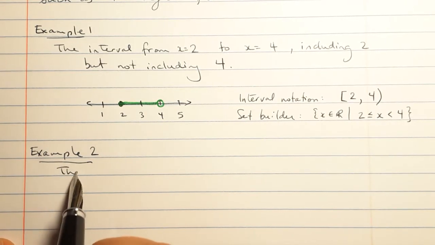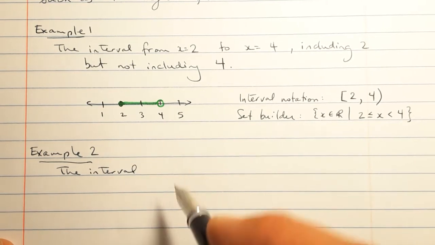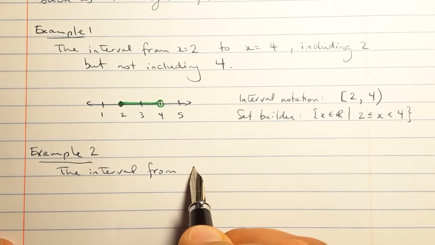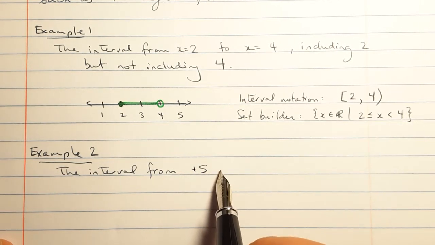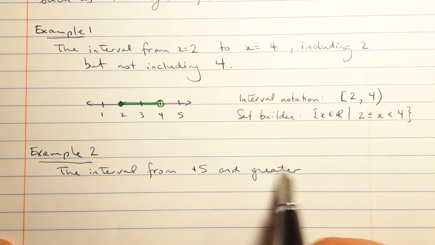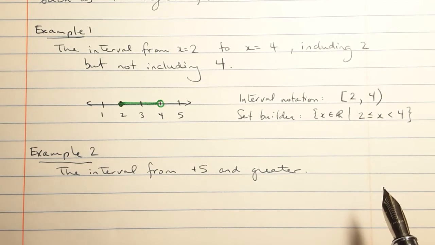Let's say the interval from, let's say, positive 5 and greater, maybe is a good way to describe that with words. I mean positive 5 and any number bigger than positive 5.